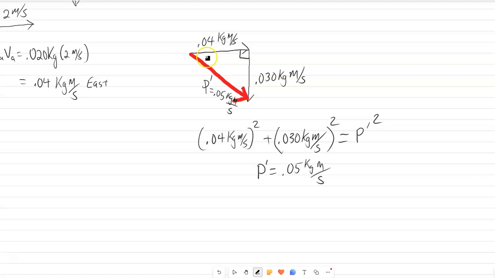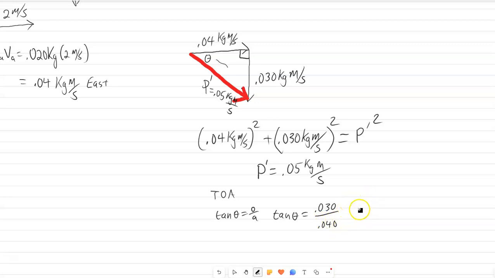Okay, so what we're looking for now is this angle theta, and I'm going to use tangent, right? So we know from SOHCAHTOA, tangent is opposite over adjacent. So what do we know? Well, we can use some simple trig here. The opposite from this will be 0.030. The adjacent side is 0.040.